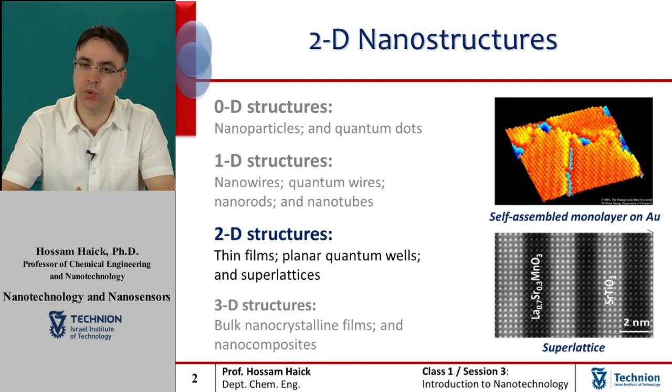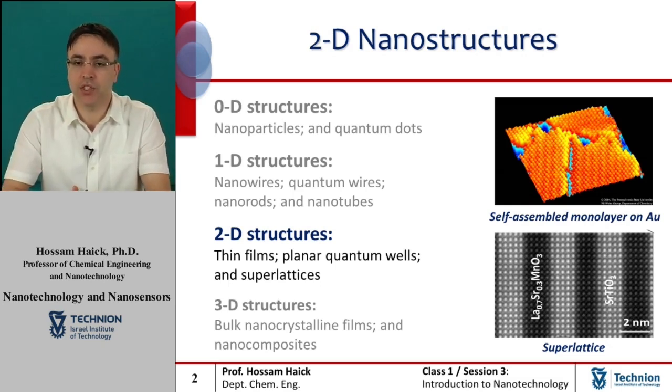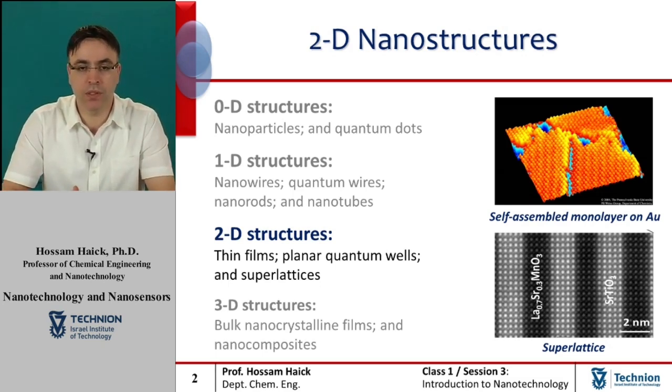Now we will move to the three-dimensional structures, which include bulk nanocrystalline materials as well as nanocomposites. Nanostructured bulk materials include several subcategories, which are mentioned in the following. The first subcategory is crystalline materials.